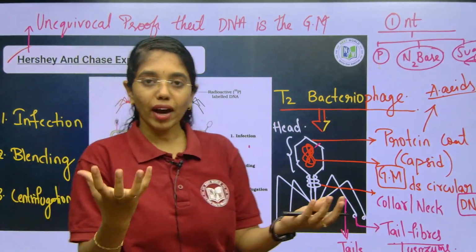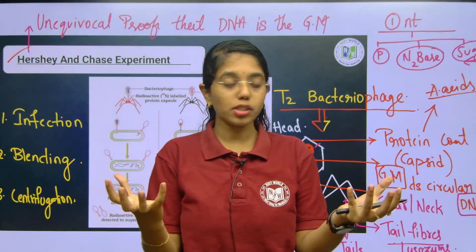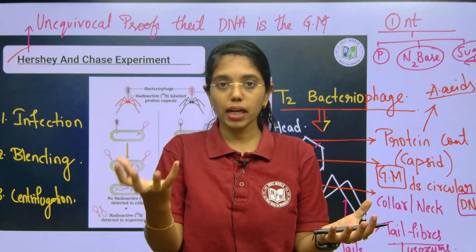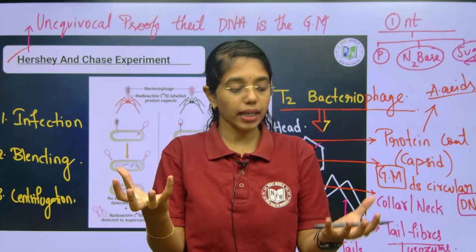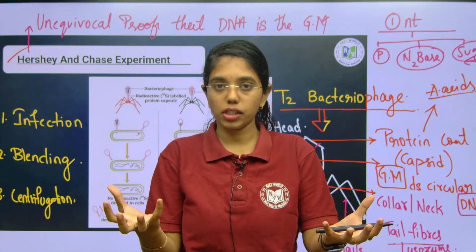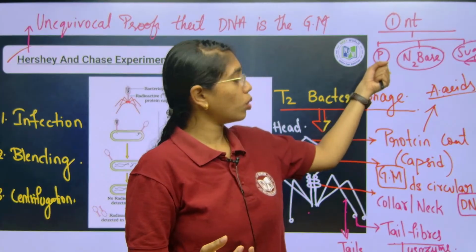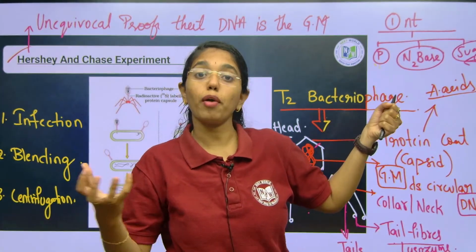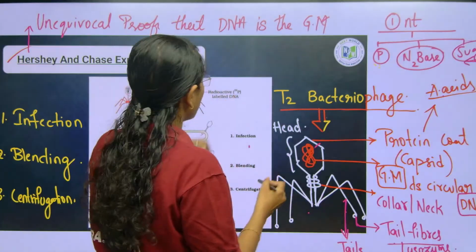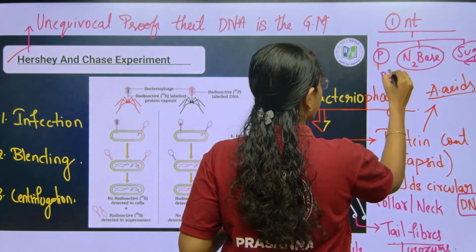So, let me suppose that I have 2 cultures, one culture of bacteriophage in one plate, and in the other plate I have a second culture. In the first culture, I am taking a heavy or radioactive isotope of phosphorus. That isotope is P32.